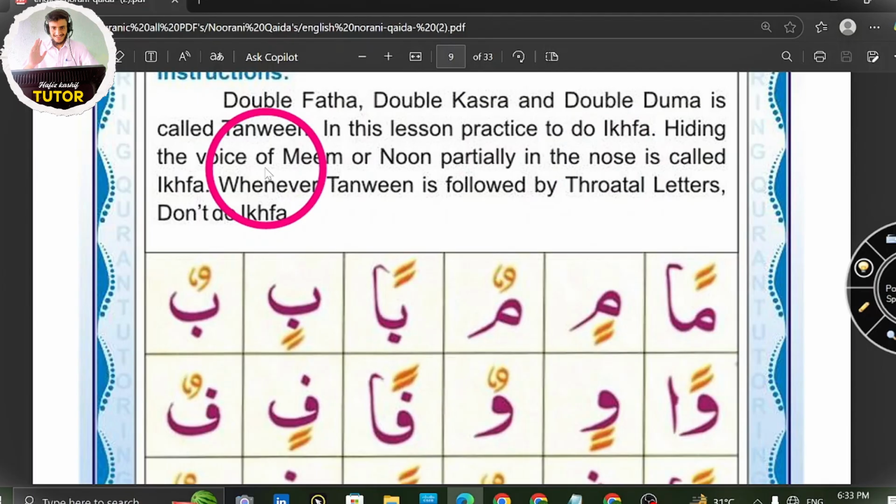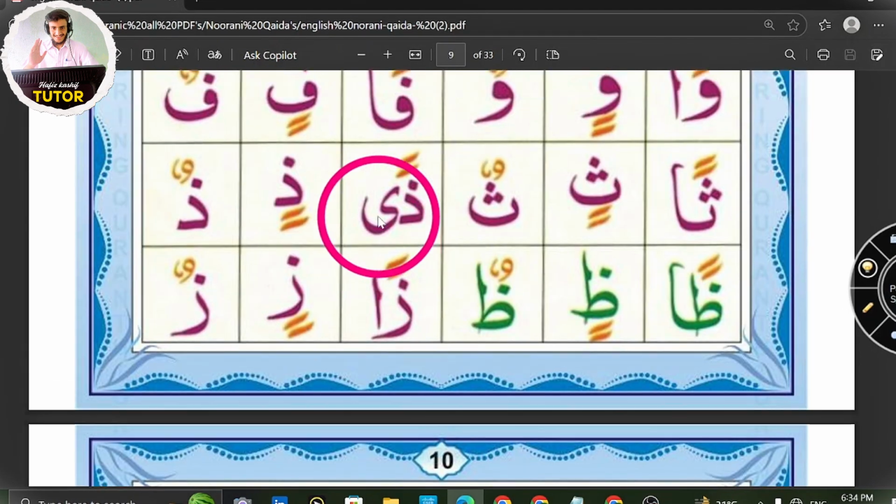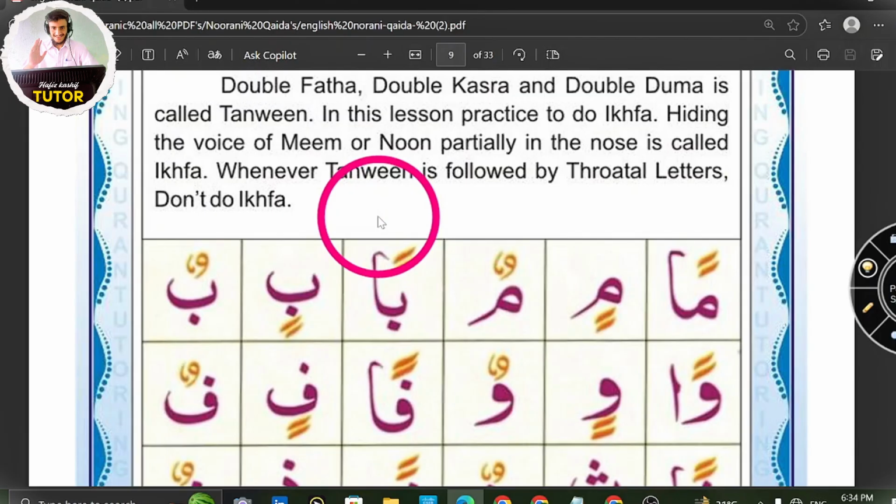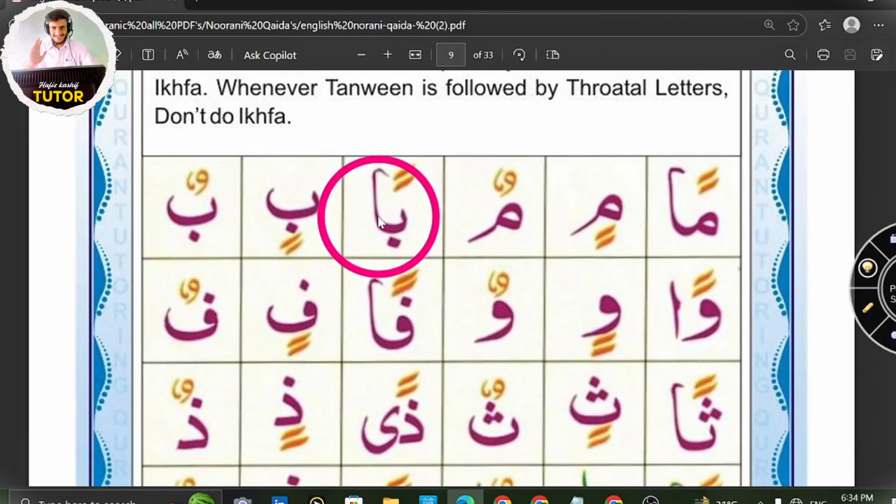In future videos we will learn ghunna, idgham and iqlab, as there are 4 rules of noon sakin and tanween. So let's practice double fatha, double kasra, double dhamma.